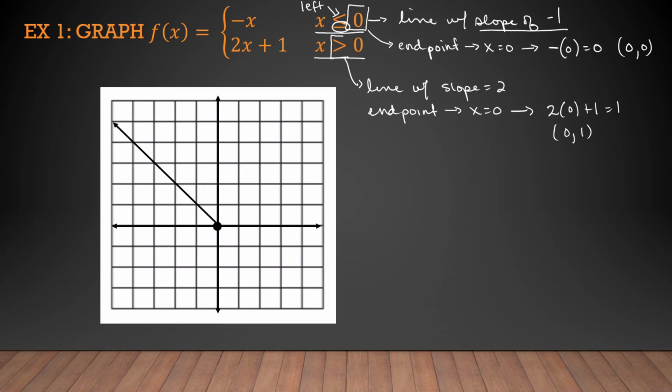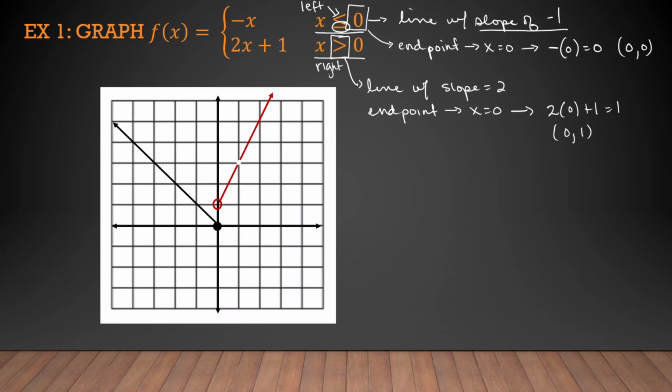This inequality cannot equal. So instead of putting a dot, I put a circle. Then I can draw the line with a slope of 2. I'm going to go up 2 over 1, and plot a point. And because it's greater than, I'm only going to go to the right. So I'll get a line that looks like this. Those are our two pieces.